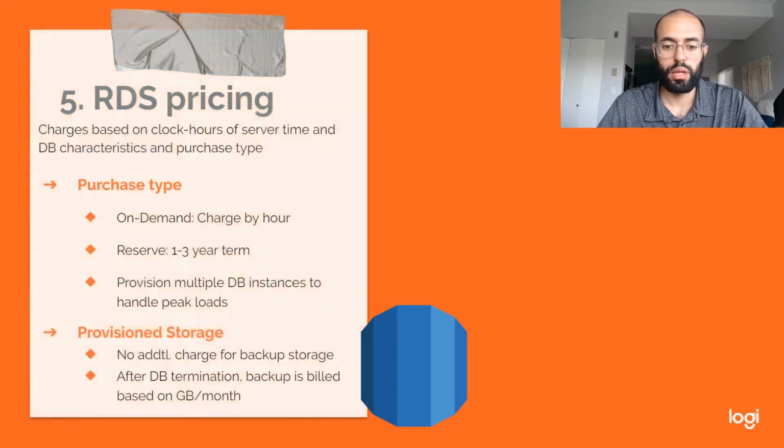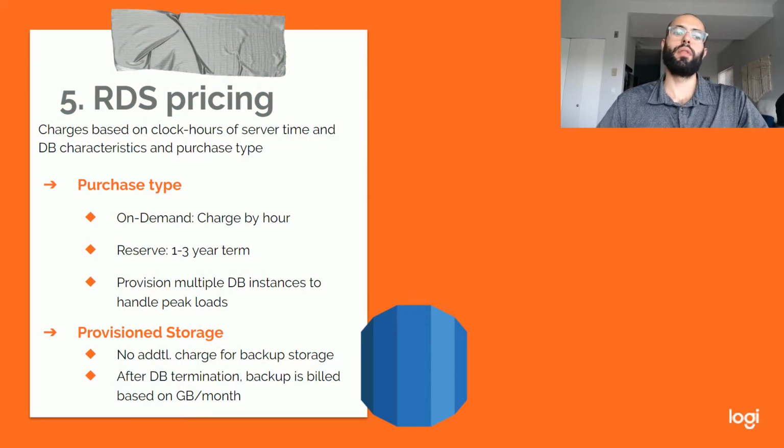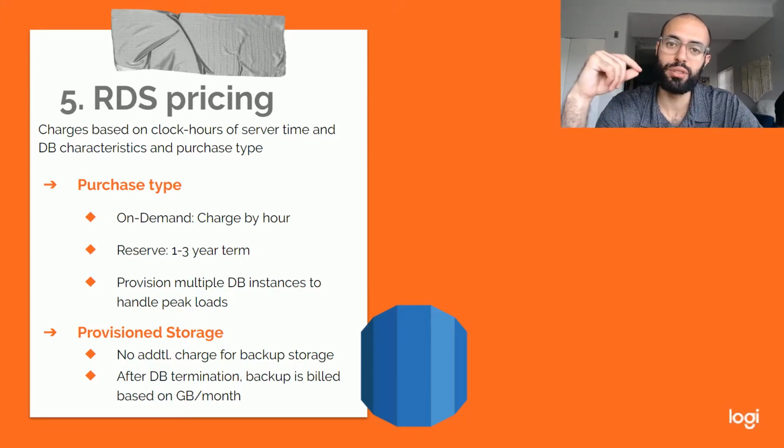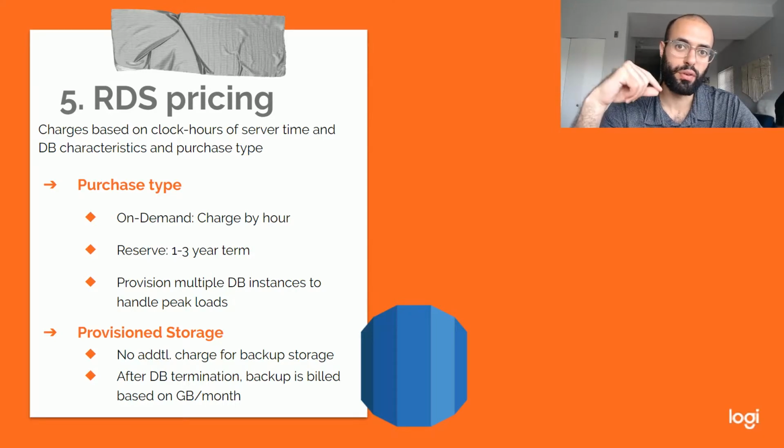Okay. The Relational Database Service, or RDS. This is charged a little bit differently because this is a managed service. You are actually charged based on the clock hours of server time that the database is running, as well as the different database characteristics, including its capacity, its latency, etc. As with EC2, you can reserve on a 1 to 3 year term for significant savings.